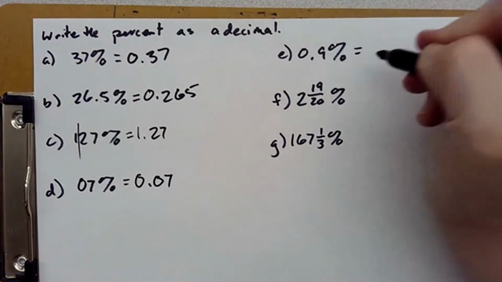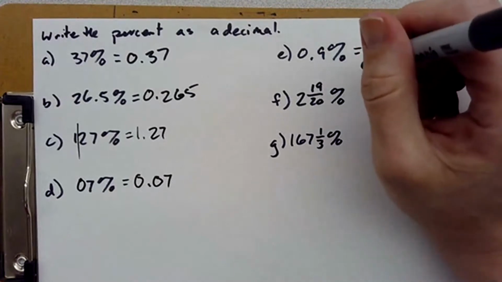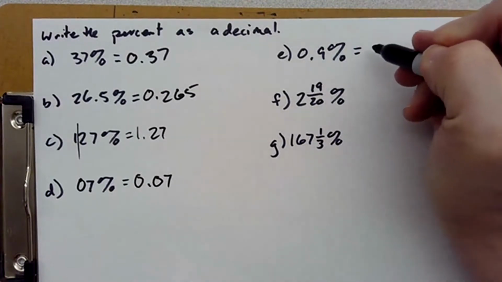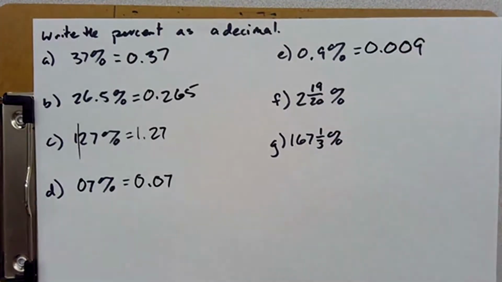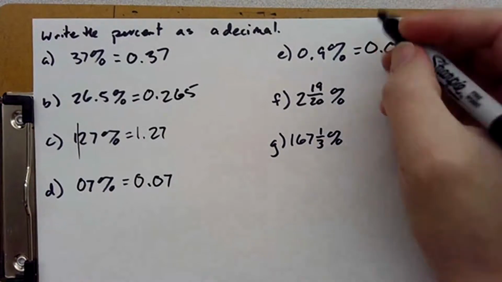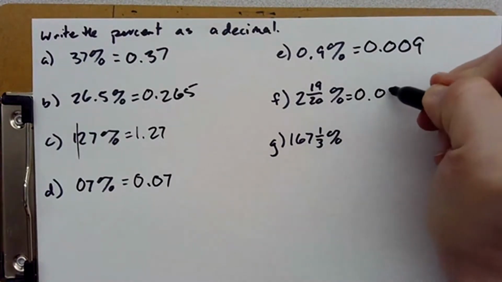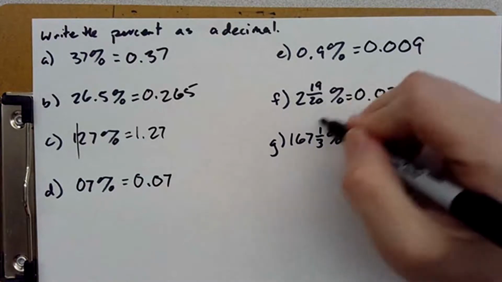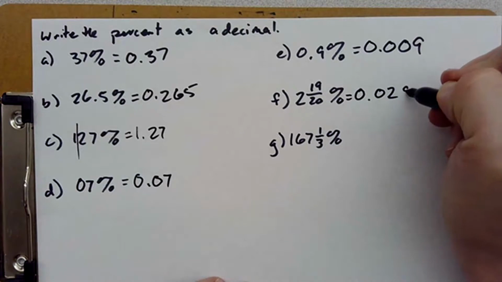0.9%. Well, that's like saying we have 0.9 of 1/100, which is 9/1000ths. 2 19/20%. Okay, well, we're going to start with a 0.02, and then 19/20ths is the same as 0.95.